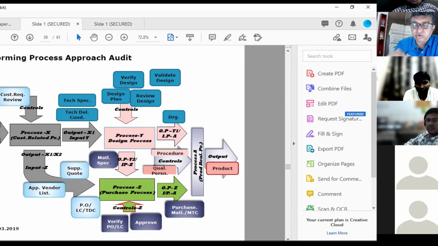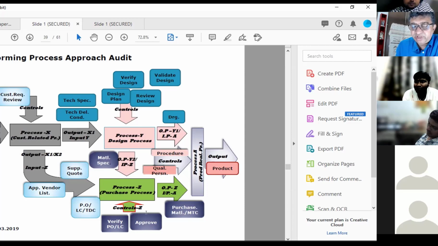Say you are going to the design point after the contract related process. The output of that process comes in, so you take that into account, then you come to the next process. I think Arun has been given the purchase process. I will take Arun; these are the things you consider when you are conducting the purchase element.